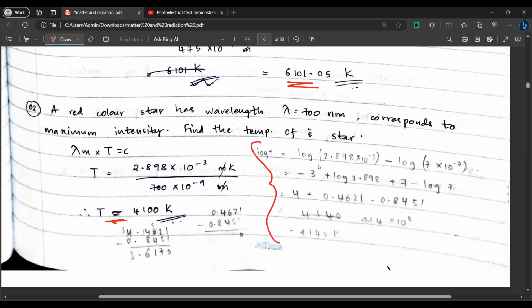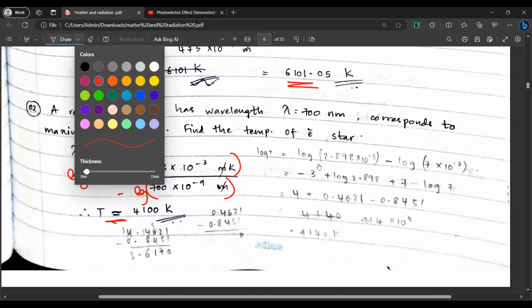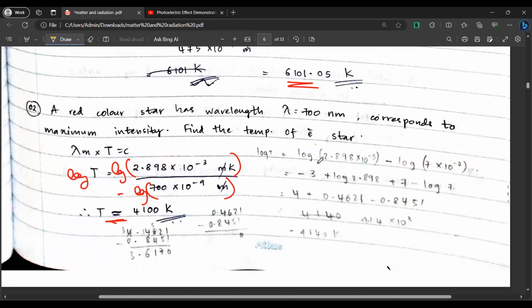It is obvious that calculating this value using normal division is not easy. Therefore, we can use log. If we take log, then log T is equal to log this value minus log this value, right? So that is what is written here. The first thing, when we deal with log, it is always easy if we write these values in scientific notation.